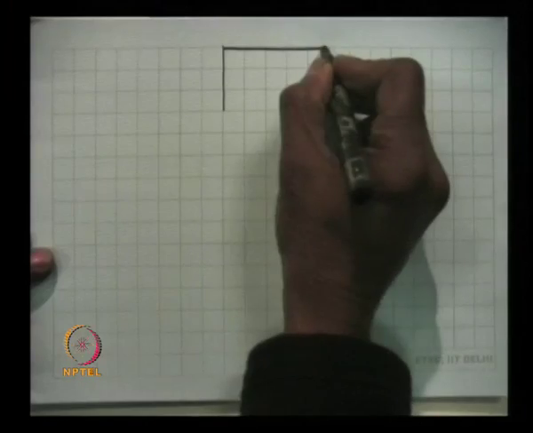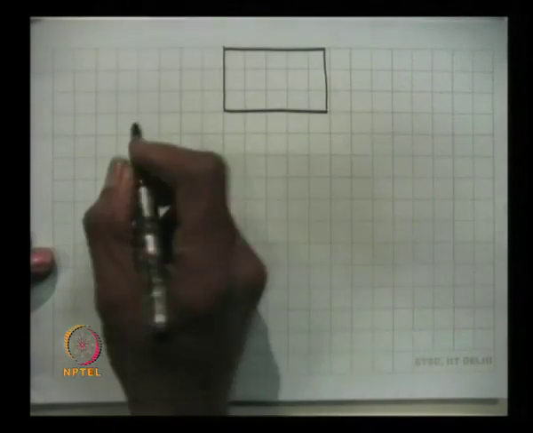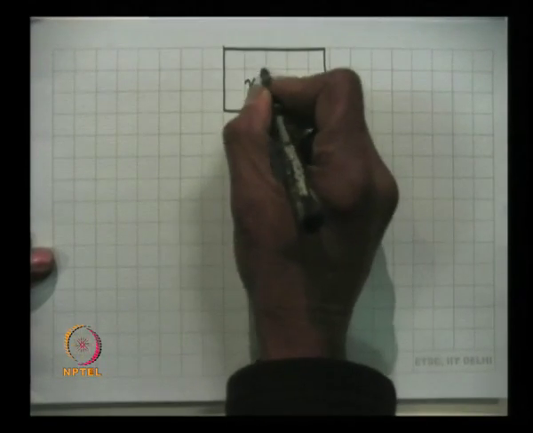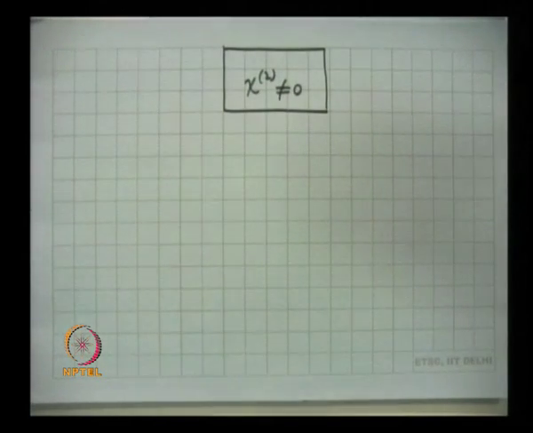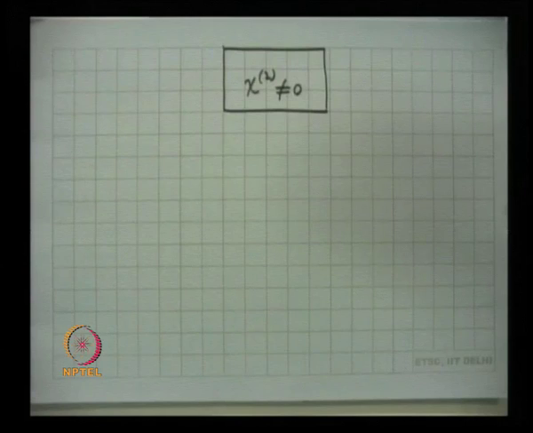Okay. Now, what is the objective? So, the problem is that I am given a medium in which this nonlinear susceptibility is not 0. As I mentioned to you last time, if the medium has a center of inversion symmetry, the chi 2 tensor is 0.